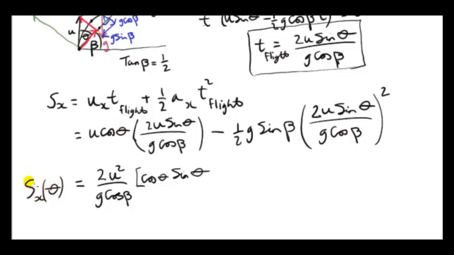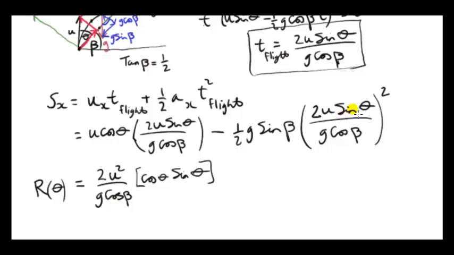So the range s sub x is a function of theta. Actually, I could just call the range r, because we're getting the maximum value of s sub x. So r is a function of theta. I've taken the constants out. u is a constant, and obviously g and beta are constant. Beta is a given. We can plug in for that, because tan beta is a half, so we can get cos beta as a number.